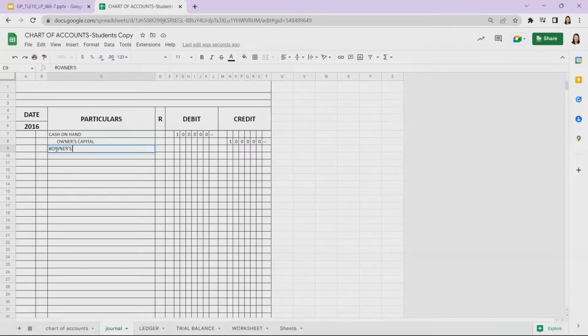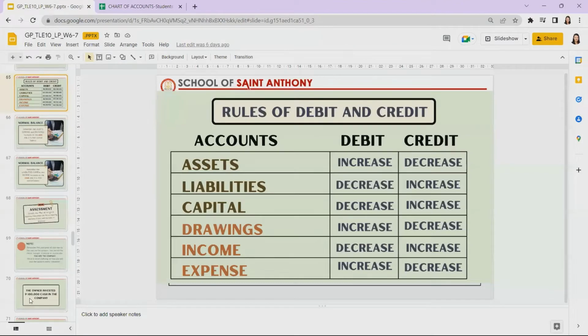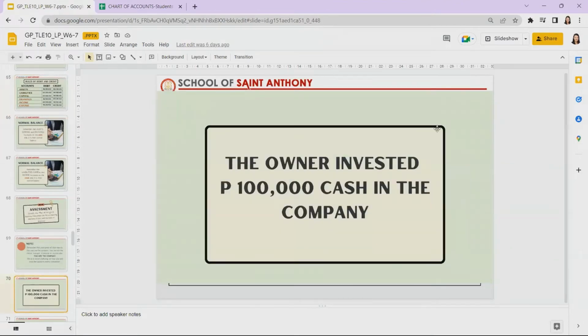What is important here is that we have the same thought. So owner's investment. Some will write the owner invested. So this is our journal entry for our transaction: the owner invested 100,000 cash in the company.